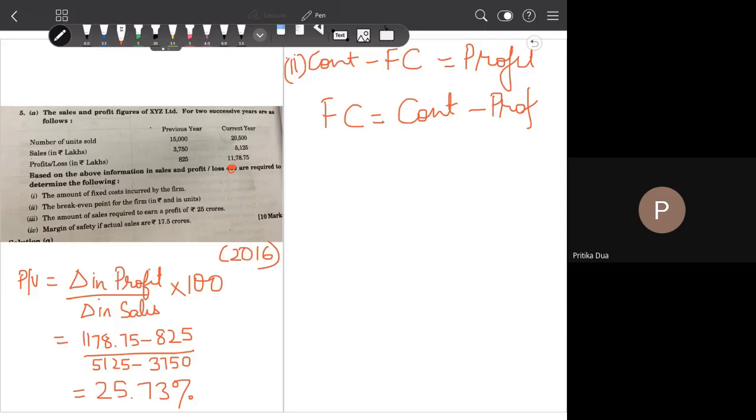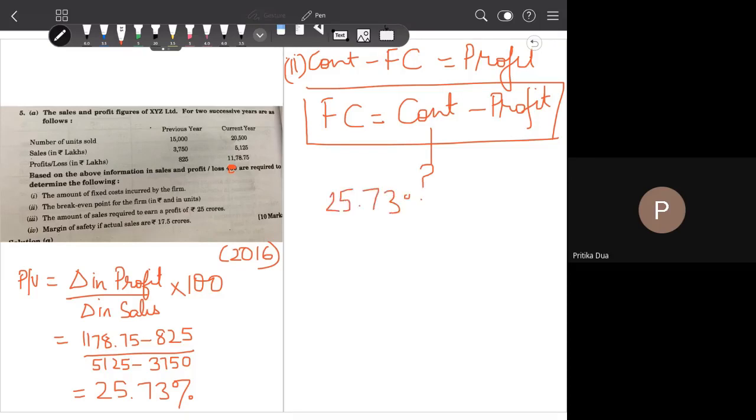So post calculation of PV ratio, next thing you need is the contribution and fixed cost. Whether you calculate from the previous year's data or the current year's, the answer you will get would be the same. What I need is the amount of contribution, which I can calculate from the PV ratio. 25.73% of sales is the contribution earned.